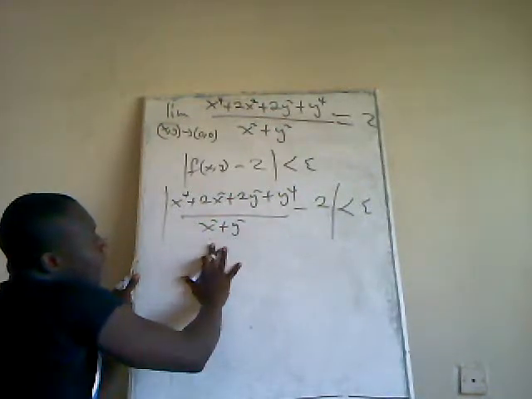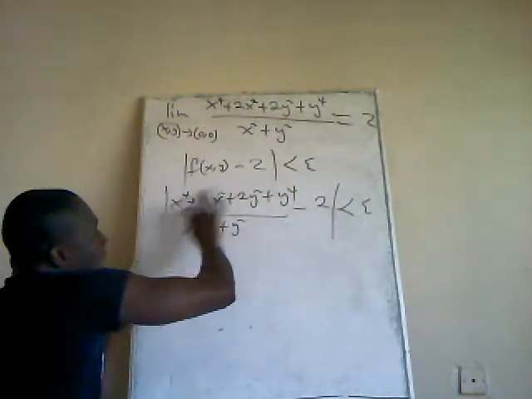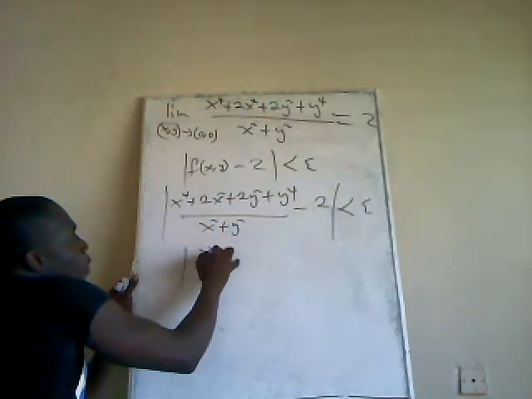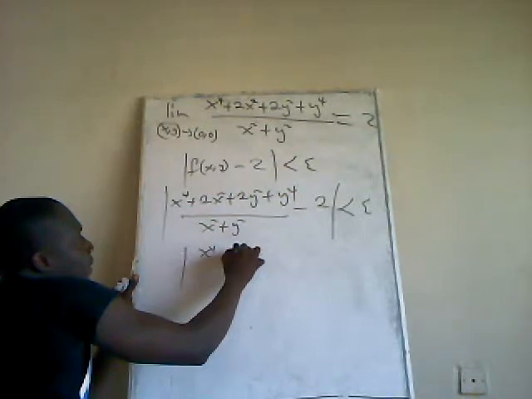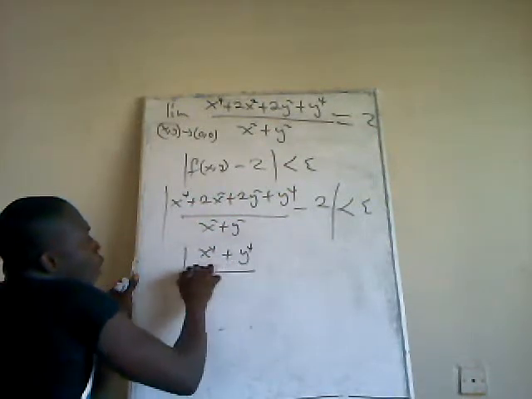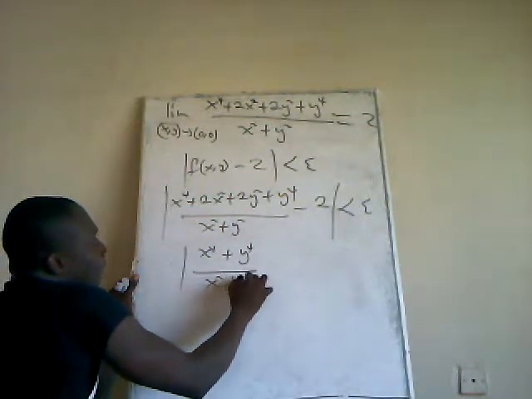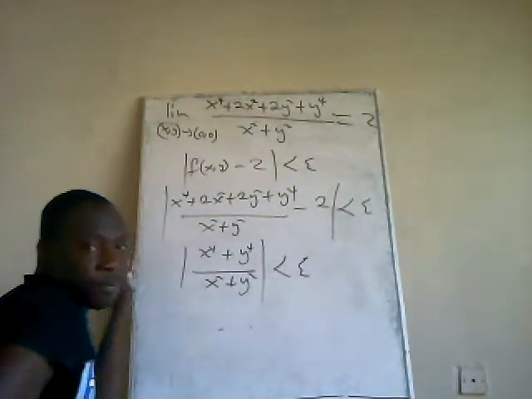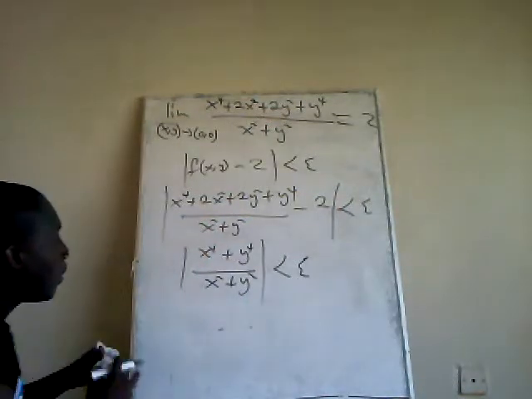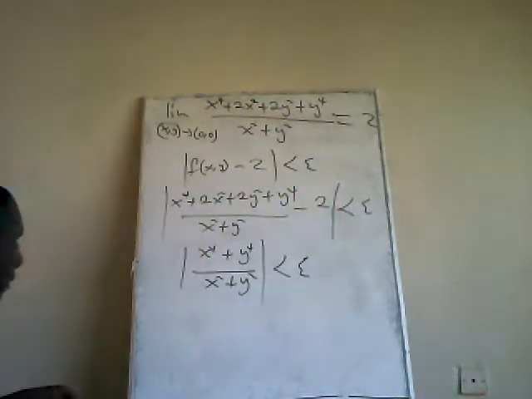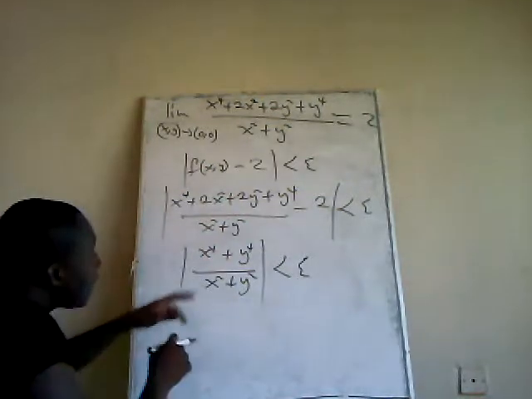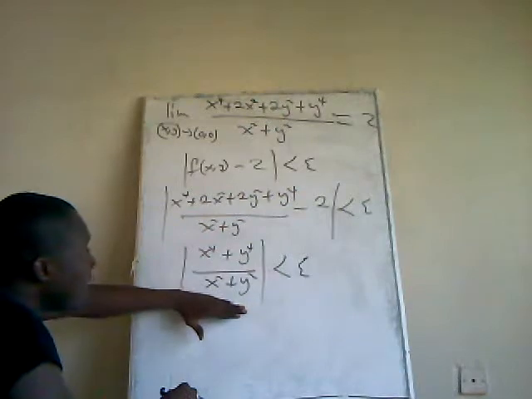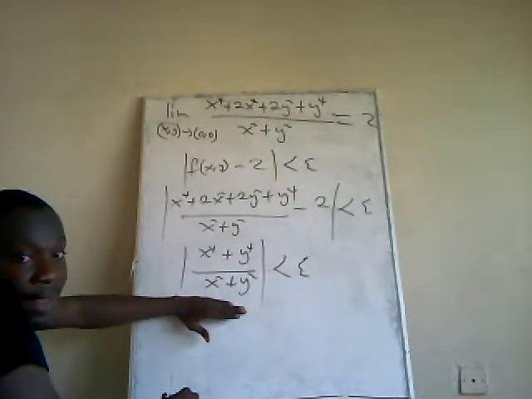Now when we find the LCM here, this one gets multiplied and it will cancel out the top nicely. You can take it step by step. We'll get x^4 plus y^4 all over x^2 plus y^2, that is less than epsilon. Now next, the down part here looks like our delta, right?